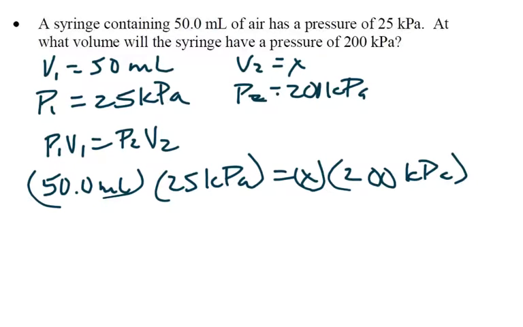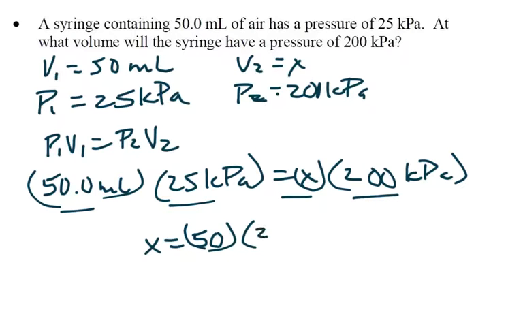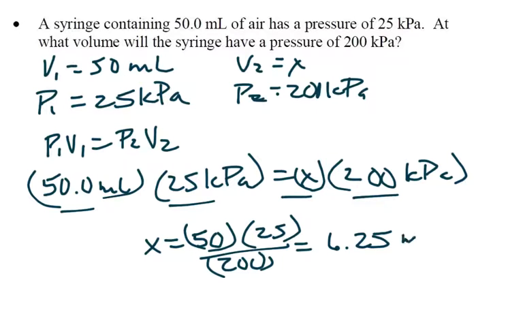Just looking at this, the pressure is going up 8 times, so the volume goes down 8 times. Or I can do the math: X equals 50 times 25 divided by 200. So 1/8 of 50, 6.25 milliliters.